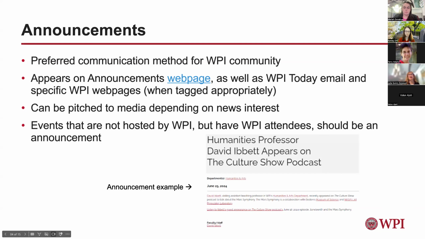It's not on the WPI campus, but you still want people to know about it, even though it took place at a specific day and time. Another one could be something that's off campus. I'm not describing that very well, but if you have an event at the Museum of Science and a faculty member is speaking there, generally that would be considered an announcement, not an event. We'll talk more about that a little bit. We'll go into detail.